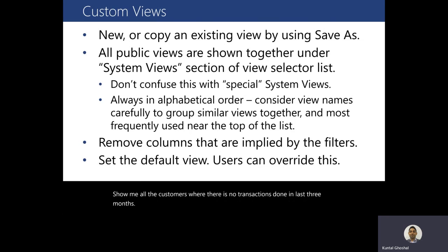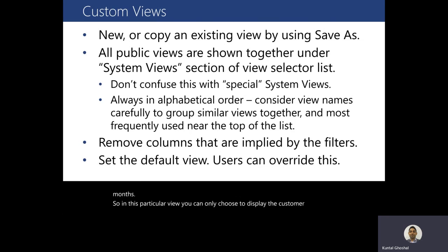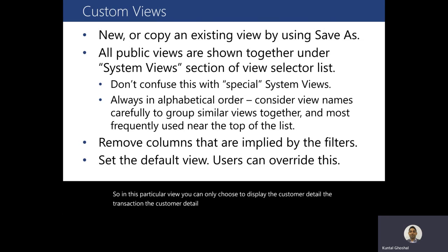In this particular view, you can choose to display only the customer detail, their account exec detail, and the reason why there is no transaction. Alternatively, you can have a view which shows all active customers, where you get all detailed information like customer first name, last name, address, phone, their account executive, and their related status, which might not be required for a more specific view.